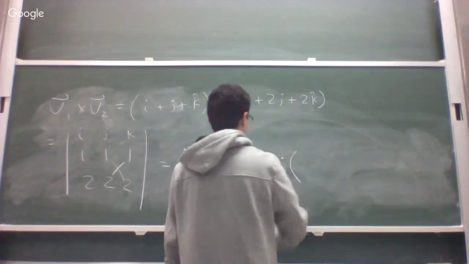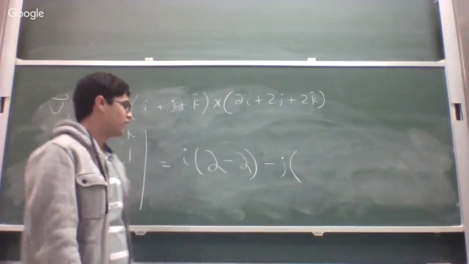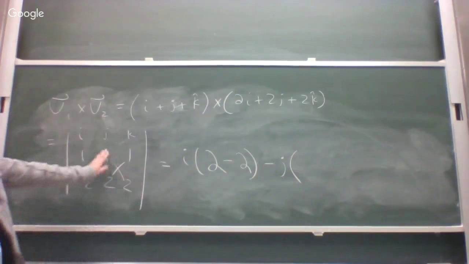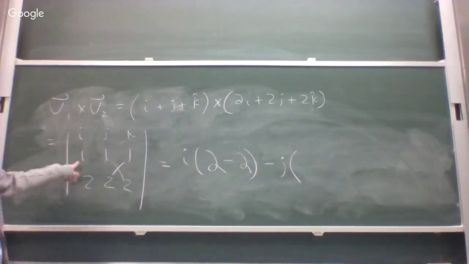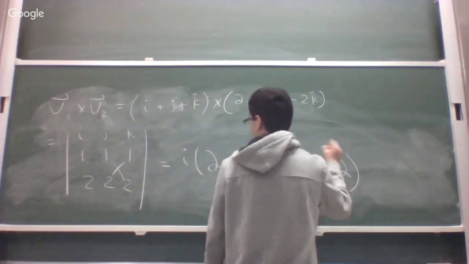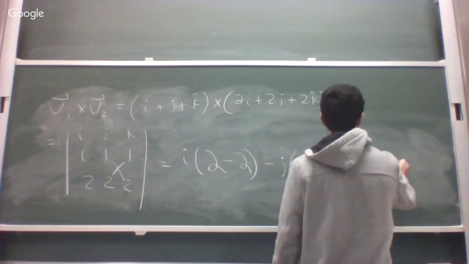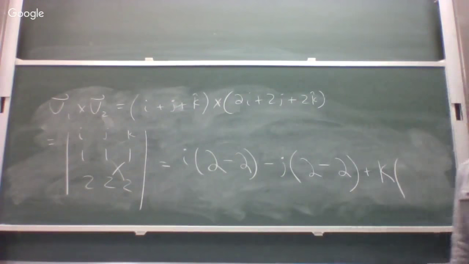Minus J. A lot of people forget to subtract J, so don't forget that. Then we block out J, multiply the diagonals. So that's 2 minus 2, plus K. What would K be?